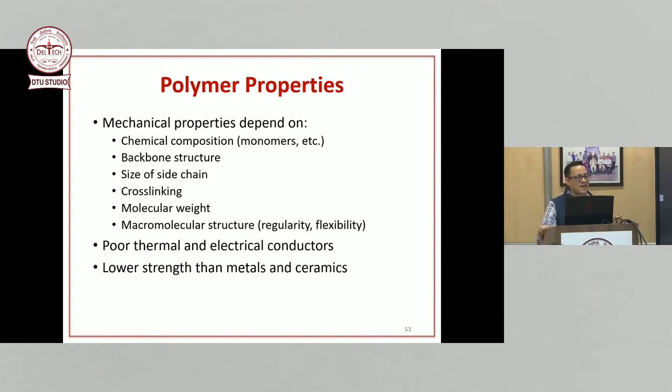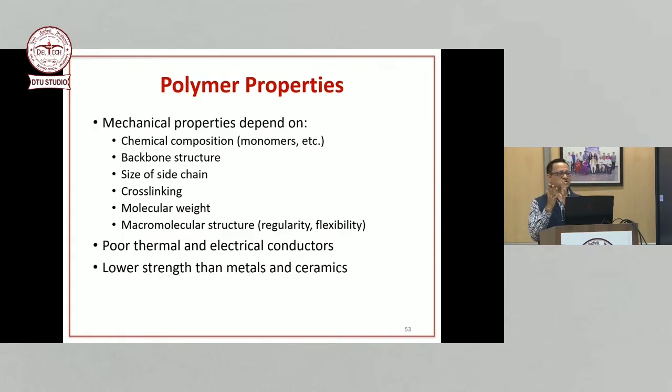Okay, the mechanical properties of these polymers depend on the chemical composition, monomer, backbone structure, and size of the side chain. So you have just a linear polymer or you have some side chains going on. That will change the mechanical properties of the polymer, right?